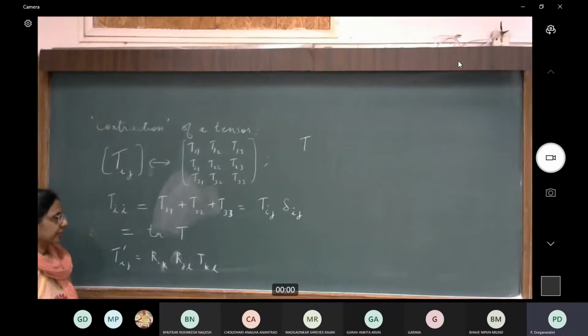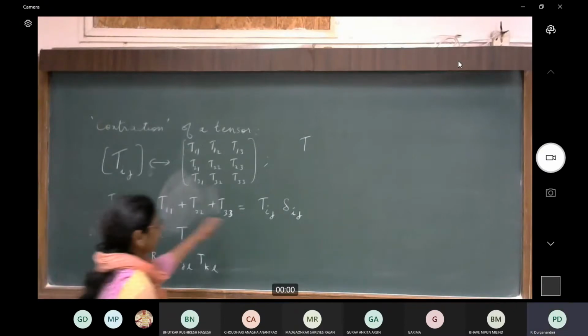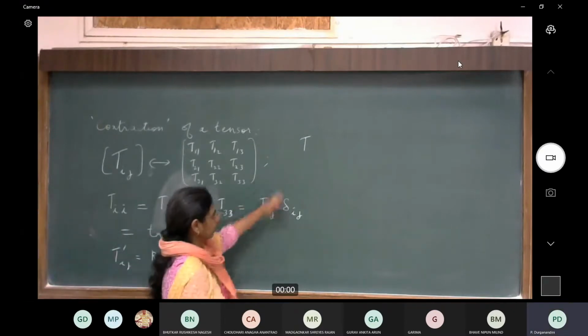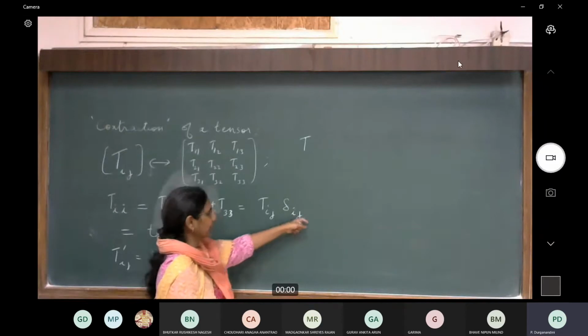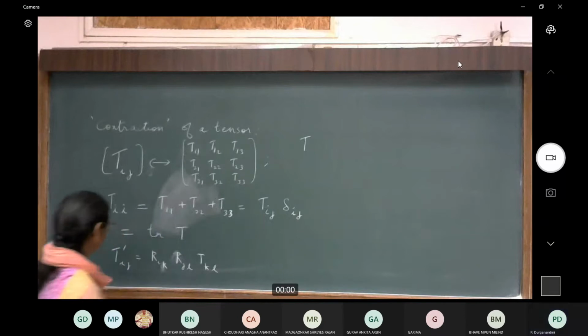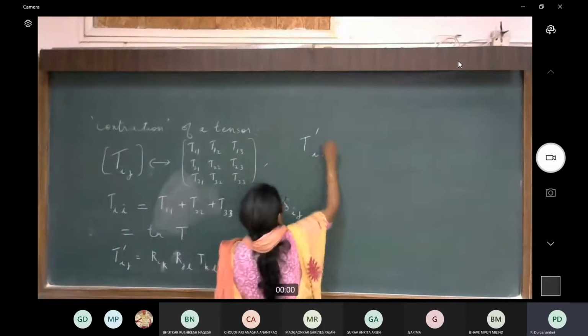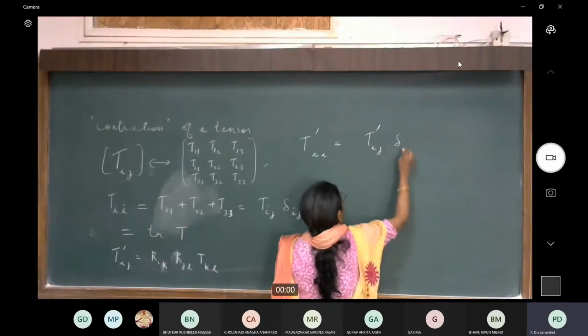This is another way to write the same, because the Kronecker delta is defined as equal to 1 if i and j are the same, and 0 otherwise, so this sums up like this. Therefore I can write Tii prime as Tij prime delta ij.